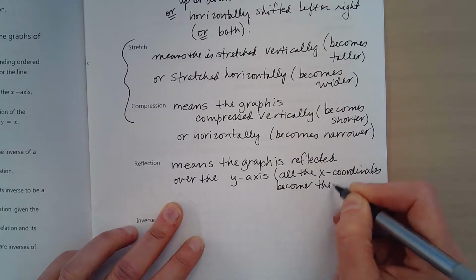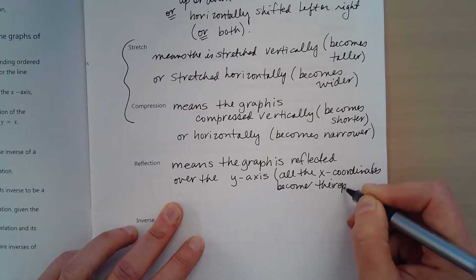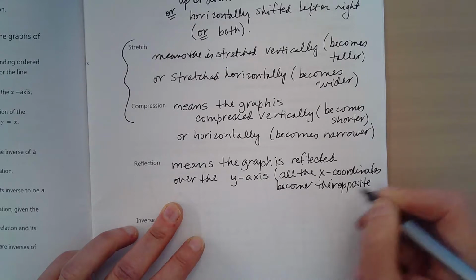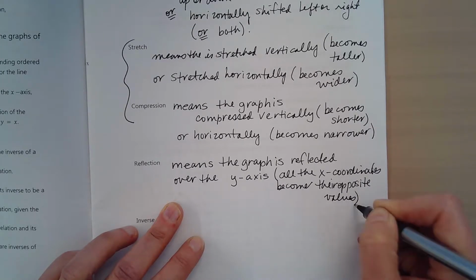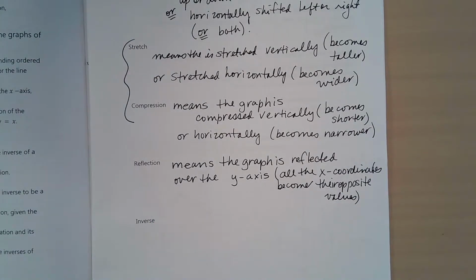Meaning, let's say my point was -6, -9. Reflected over the y-axis, the x changes value, but the y doesn't, right? So reflections over the y-axis, just the x value changes.